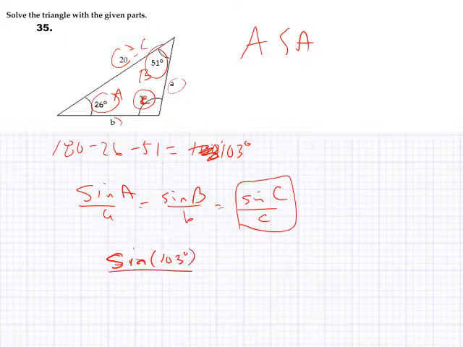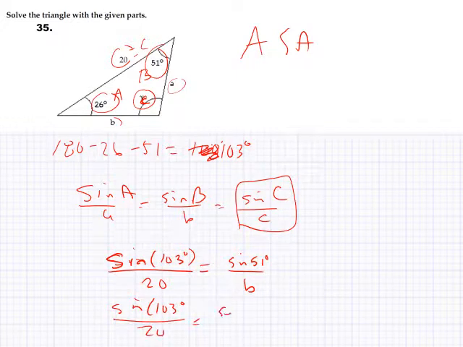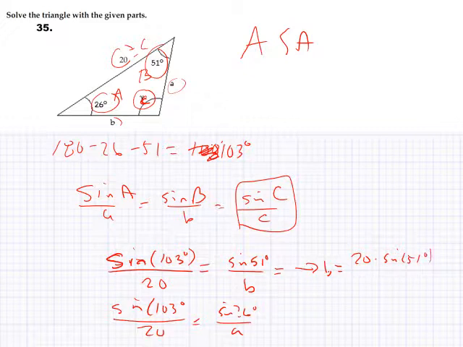So again, we're going to use the sine of 103 degrees over 20. Let's work with B first, should equal the sine of 51 degrees over B. We could also say the sine of 103 over 20 equals the sine of 26 degrees over A. And then we can use these both to solve for A and solve for B. So in this case, if we solve for B, we would find that B should equal 20 times the sine of 51 all over the sine of 103.